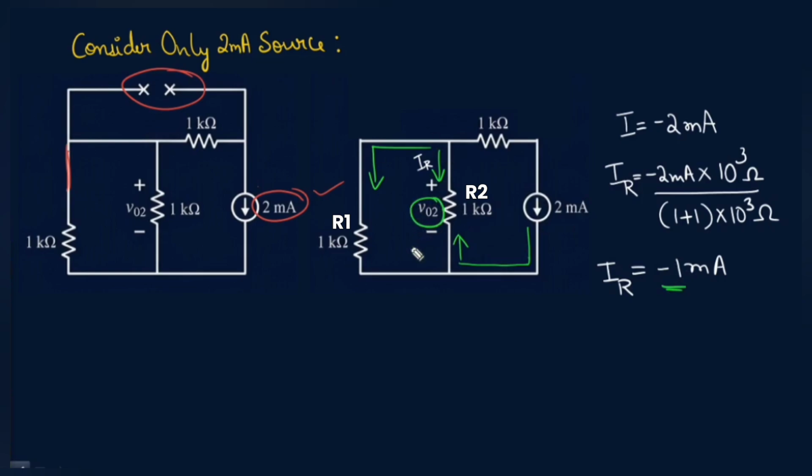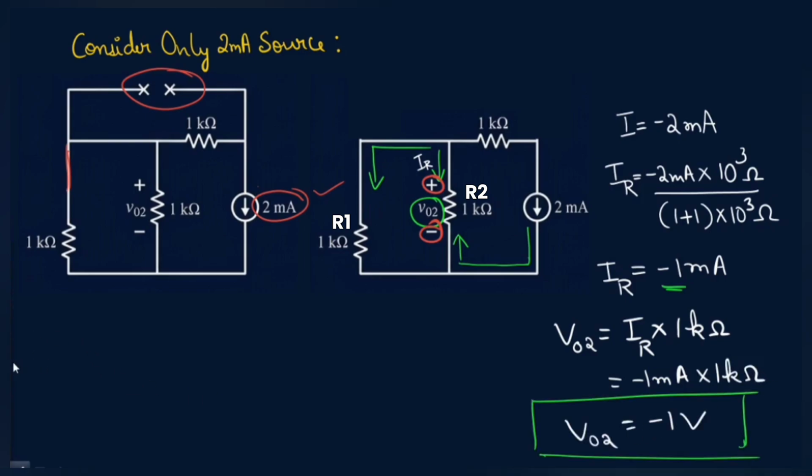The voltage V0 is defined with plus at the top and minus at the bottom. Since our current reference direction is downward, it enters the positive terminal of the resistor. Therefore, using Ohm's law, V02 equals the current passing through this resistor into 1 kilo ohm, that is minus 1 milliampere into 1 kilo ohm, which gives us minus 1 volt.